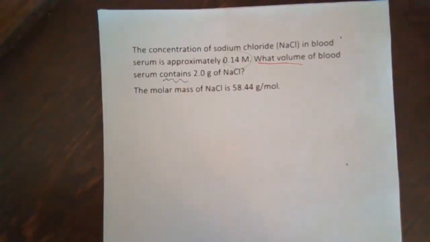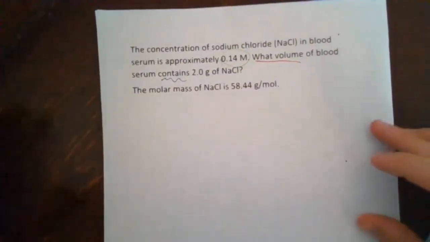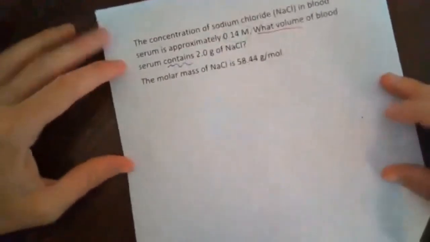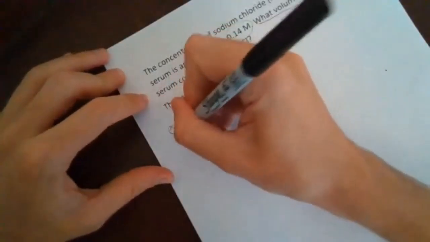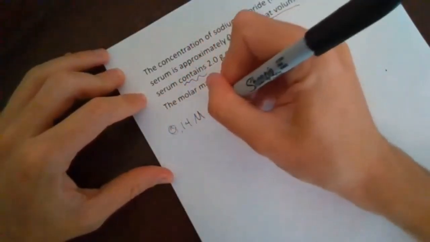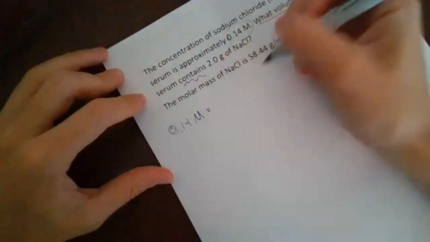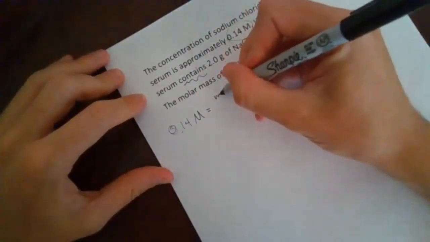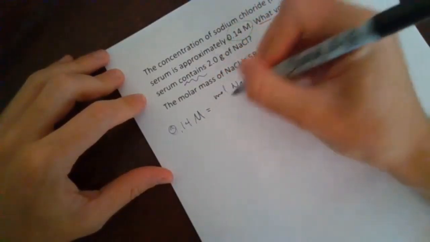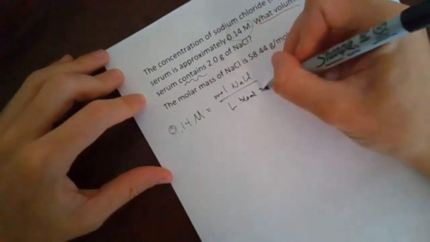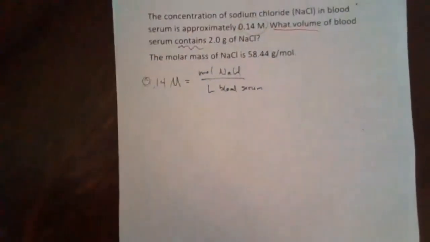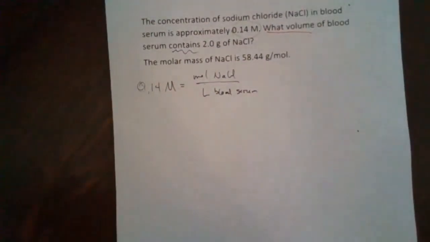There's a couple implications of that. First is the fact that there is an equation associated with that molarity. So we would imagine it's going to be 0.14 molar is equal to our moles of NaCl divided by liters of our solution, which in this case is blood serum.